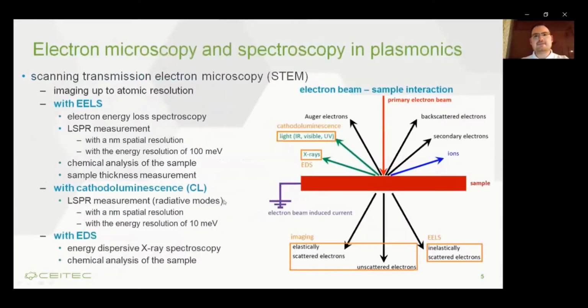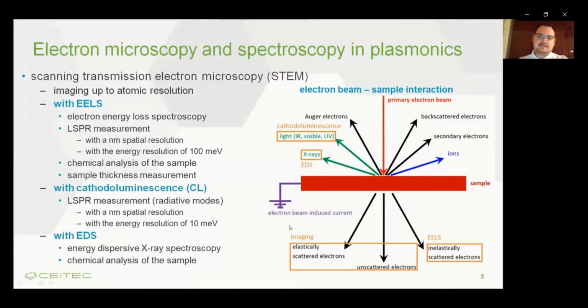Electron microscopy and spectroscopy in plasmonics can provide much useful information. When the primary electron beam hits the sample, a lot of different signals come up. First, several electrons are transmitted, and they can be scattered either elastically or inelastically.